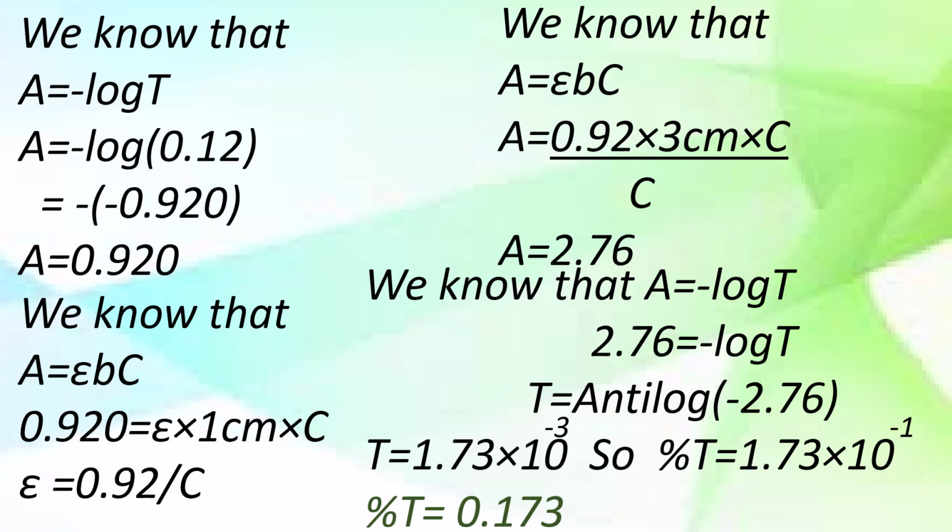So we have calculated transmittance. Now we have to convert it into percent transmittance. So we will multiply it by 100. So percent transmittance is 1.73 exponent minus 1, or we can say that percent transmittance is 0.173. So we have calculated percent transmittance of solution.